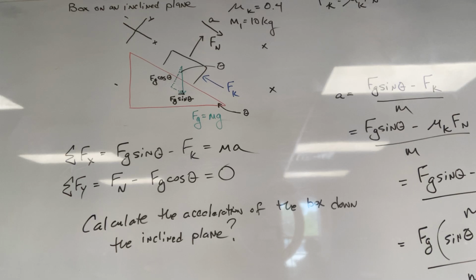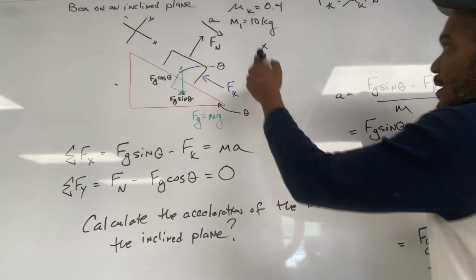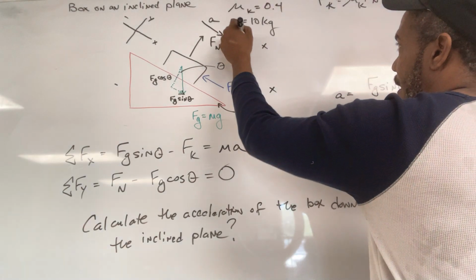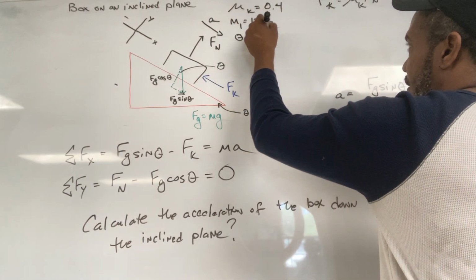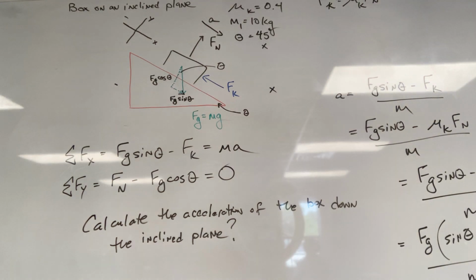And now you can come in and plug in, and of course you would know what your theta is too. What's the incline plane? 45 degrees. So now you have everything. You have M, 10 kilograms, your theta, 45 degrees, and your coefficient of kinetic friction. And of course, FG is just what? No, FG is M times G. So then that means the M can cancel, these two will cancel anyway.